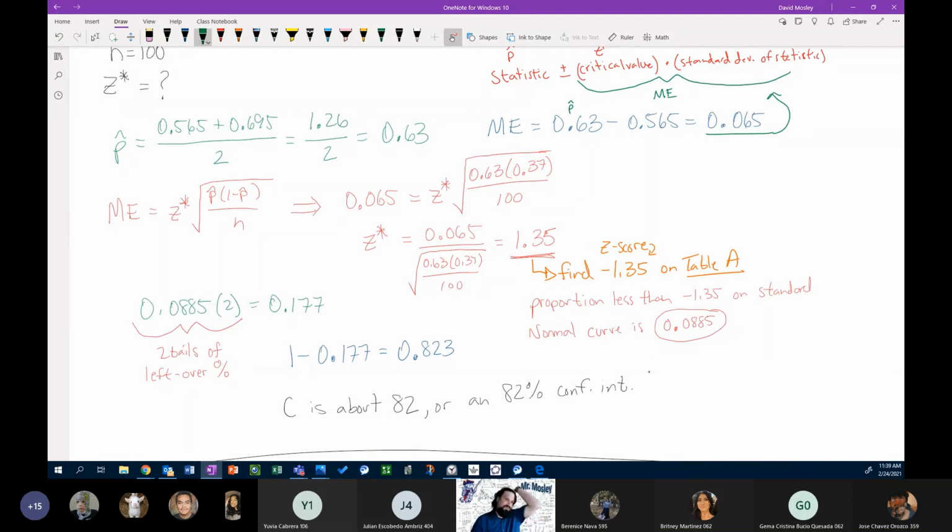There's a lot of legwork going on, but I know that the confidence percentage is the middle percentage of my distribution, which means I have a section of tail to the left and a section of tail to the right. I can only find the proportion for one tail using table A, so I double it because I have to account for 2 tails, and they have the same area.